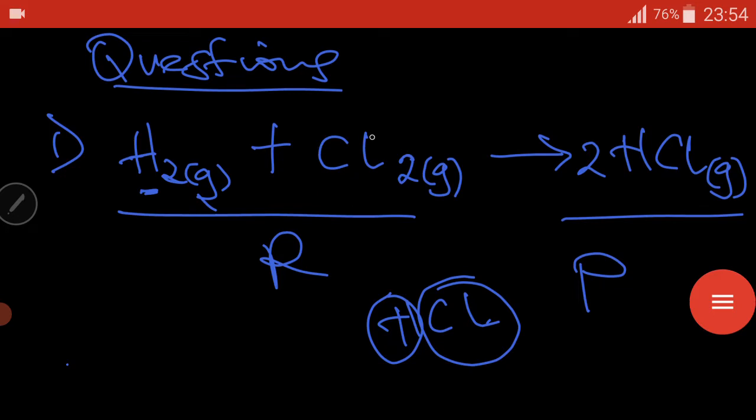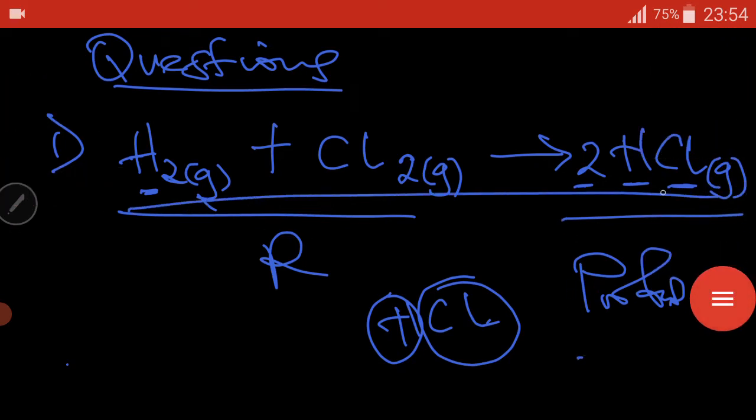Chlorine has 2 atoms on the reactants, and the products have 1. So this 2 is for both hydrogen and chlorine, and in this case it is balanced. I hope you understood.